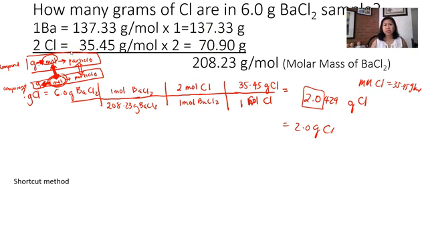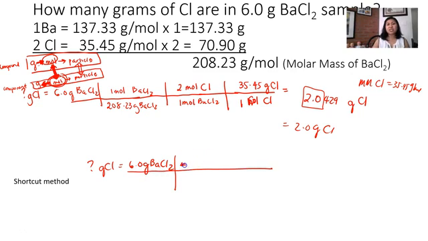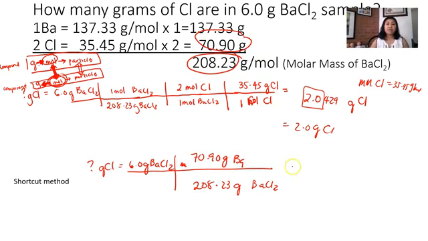So if I'm going to do the shortcut method, I have 6 grams of this sample, and I'm asked to find how many grams of chlorine or the individual component is present in that, then I'm just going to use that mass ratio. For every 208 grams of the sample, barium chloride, there's always going to be 70.9 grams of chlorine.